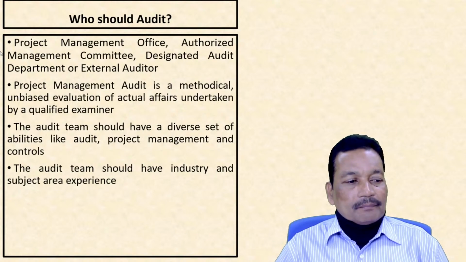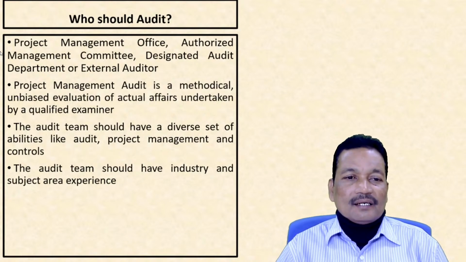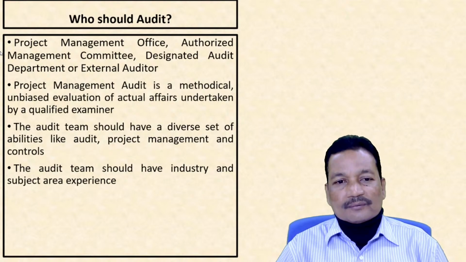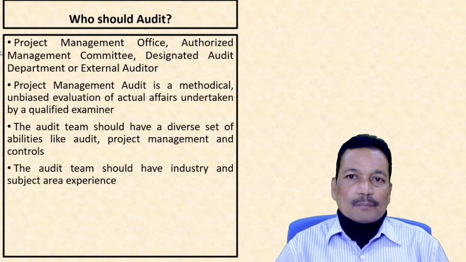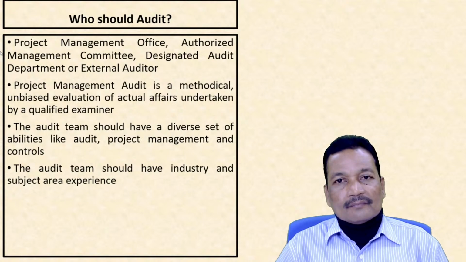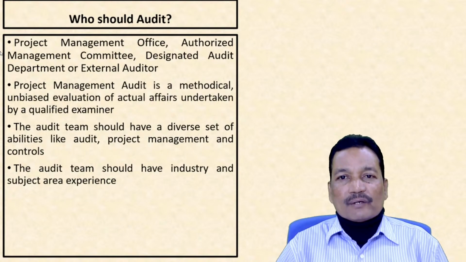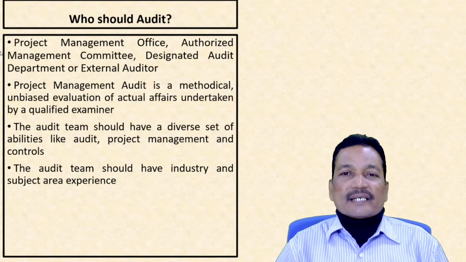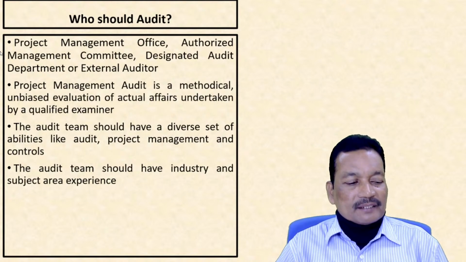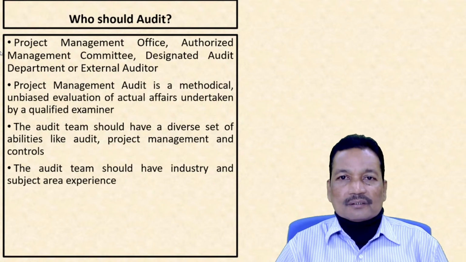The audit team should have a diverse set of abilities like audit, project management, and controls. That means they should be thorough on the process of audit, how a project is carried out effectively and efficiently, and the control techniques. That means if deviations are there, how can we have the controls?